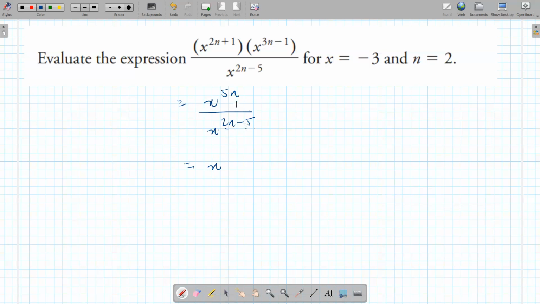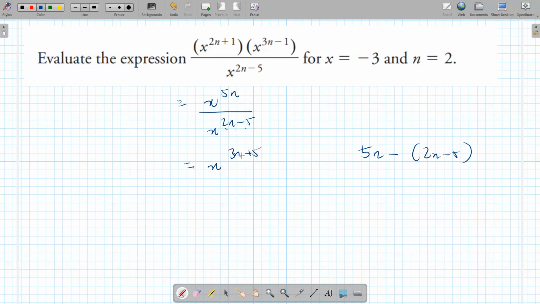Take away 2n minus 5 from 5n. 3n minus 5. Try again. Close. 5n minus 2n minus 5. It's a double negative, okay? It should be 3n, yeah, 3n plus 5.